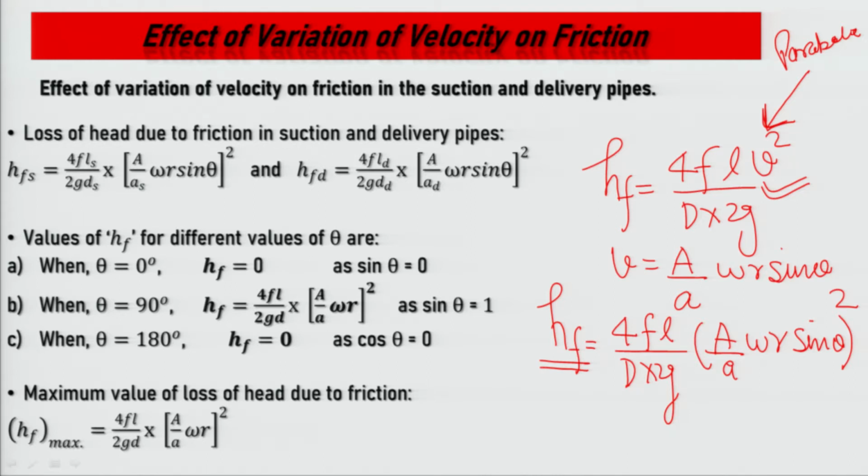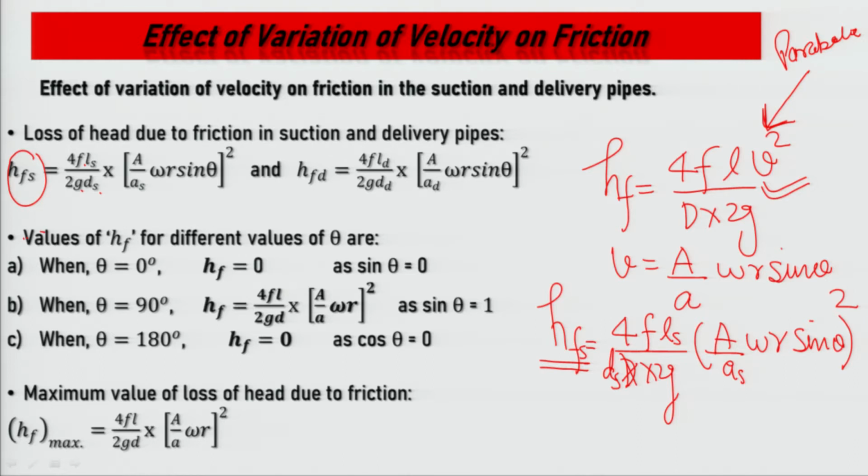We denote small d here, not the diameter in general, because all the time we are denoting small d for the suction and delivery pipes. For suction, the first is H_fs, the head loss due to friction in the suction pipe: 4f, Ls the length of the suction pipe, 2g into ds, the diameter of the suction pipe, and A upon a omega r sin theta squared, the same as before.